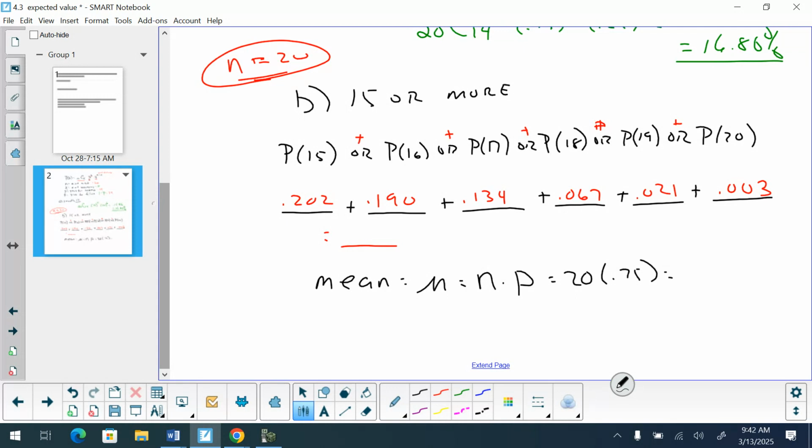So you come down to a value of 15. This is your expected value. So what you would expect, given our data, is 15 of the 20 people would pay for their honeymoon. That's what you would expect.